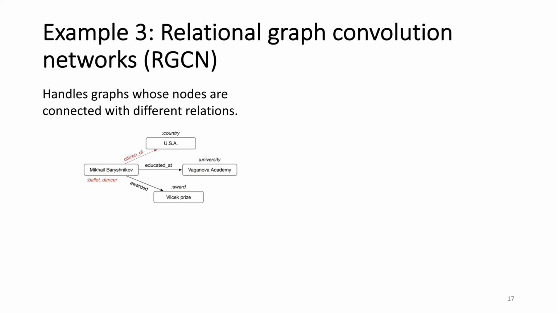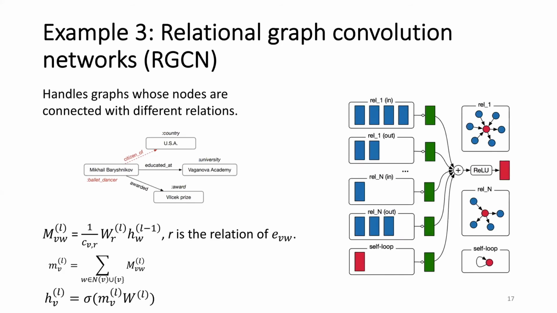The way it is done is as follows. The best way to think of it is something like that, right? Again, I have messages being sent. The way those messages are sent, instead of just copying the representation of a node, each node multiplies its representation by a dense weight matrix, and the dense weight matrix is relation type specific, right?